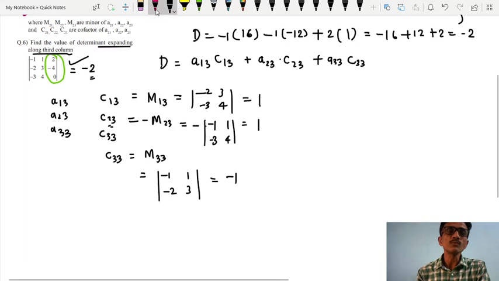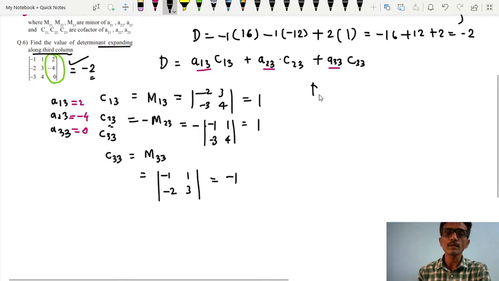So let us put these elements: A13 is equal to 2, A23 is equal to minus 4, and A33 is equal to 0. So substitute these elements here.